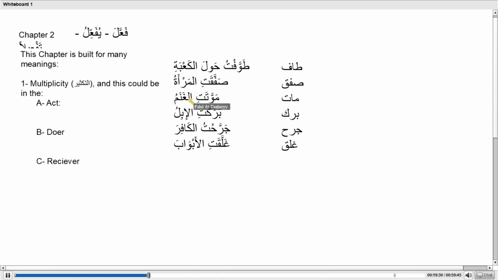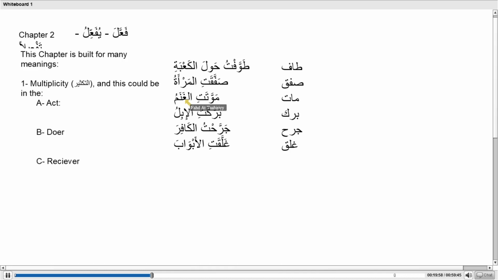No. You want to show that there are many sheep who have died. Or which have died. Clear? Yes, al-ghanam is plural. Al-ghanam is not singular. بارك الله فيكم.